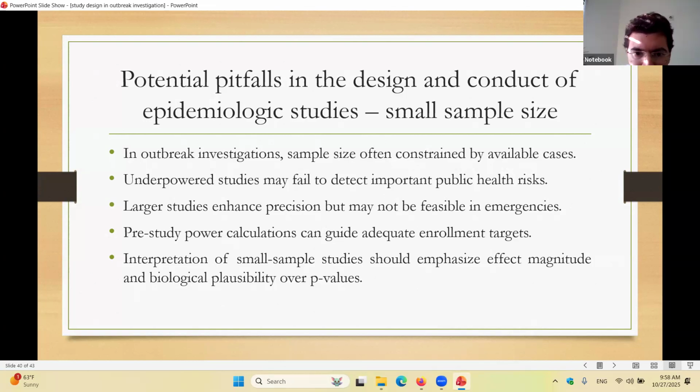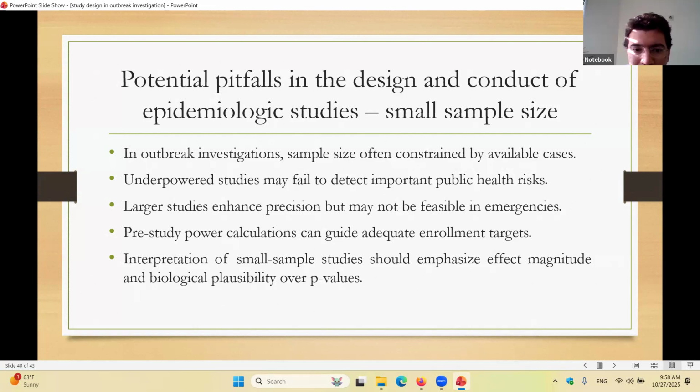Pre-study power calculation can guide adequate enrollment targets. Interpretation of small sample studies should emphasize effect magnitude and biological plausibility over p-values, as p-value is affected by statistical power.